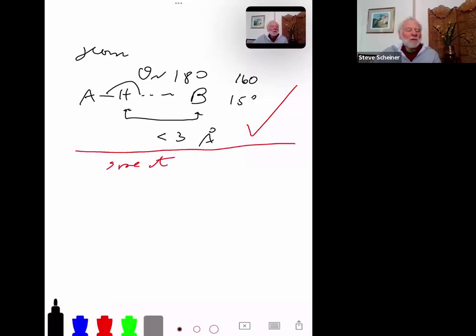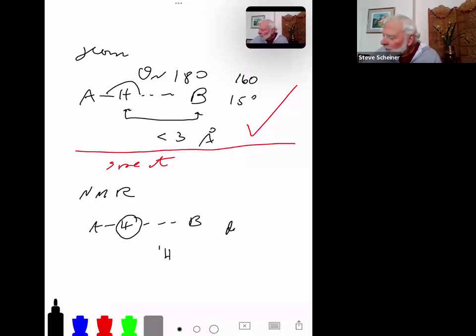There's a couple of ways of doing that. First is NMR. In NMR, it's pretty well accepted that in a hydrogen bond like this, the signal of this proton, so they would say proton spectrum, will be downfield. That's one word they would use for it. Or they would say delta rises.